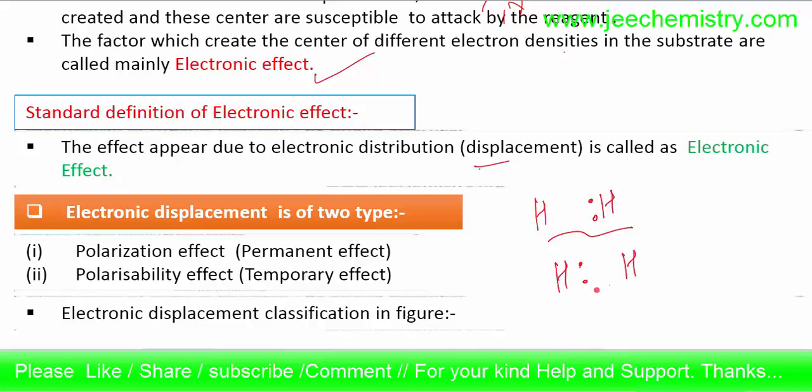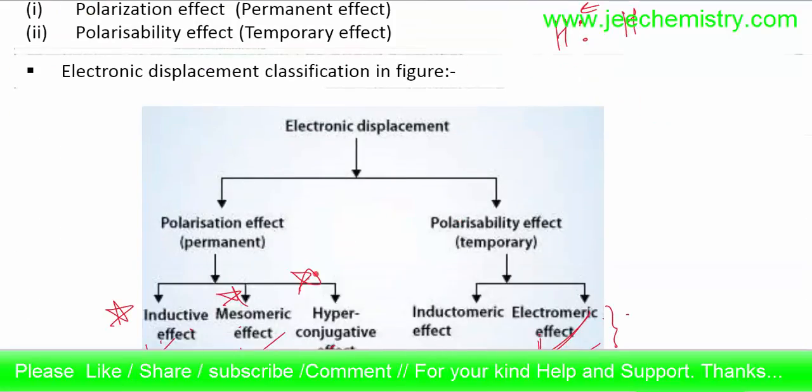Ideally the electrons are in the middle, but here they are more in the left side, and here more in the right side. Electronic displacement occurs, so they are susceptible to attack by the reagent. The process of this different electron density and electronic distribution is called the electronic effect, and the electronic effect is classified into these categories. We will learn them one by one. First of all, we will learn about the inductive effect in detail.